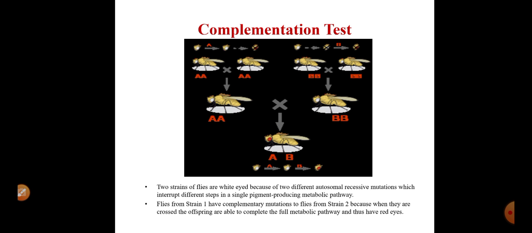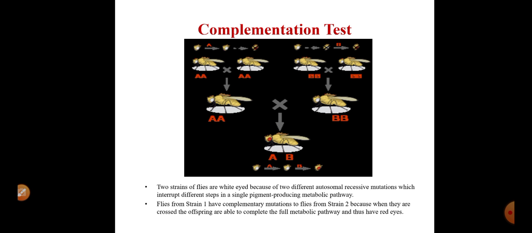But flies from strain 1 have a complementary mutation to the flies from strain 2, because when they are crossed, the offspring are able to complete the full metabolic pathway, and that results in red-eyed Drosophila.